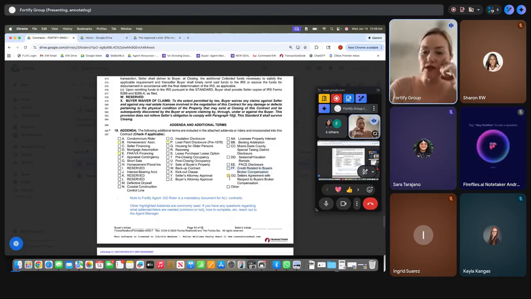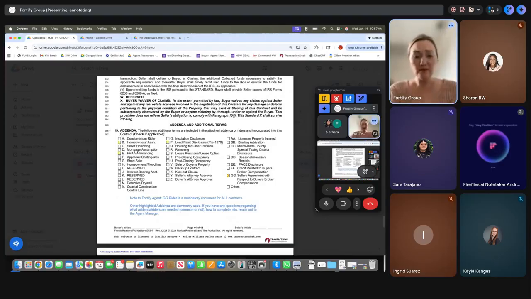If for some reason a commission agreement is used, use the GG because it makes your offer contingent on that commission agreement being executed. I don't want your buyer to go under contract and it not be contingent on you getting paid, and then everyone's moving forward but you, because legally the seller isn't paying you.